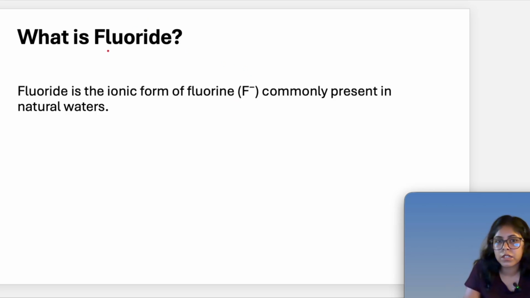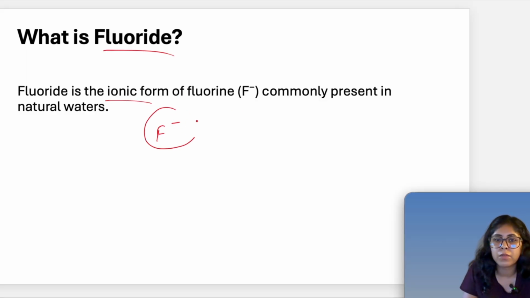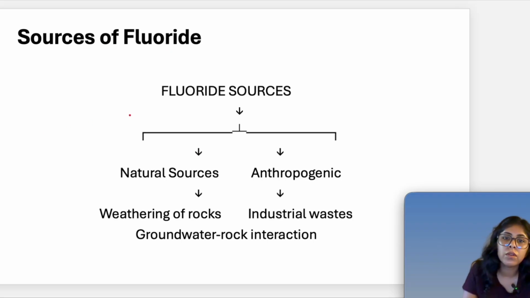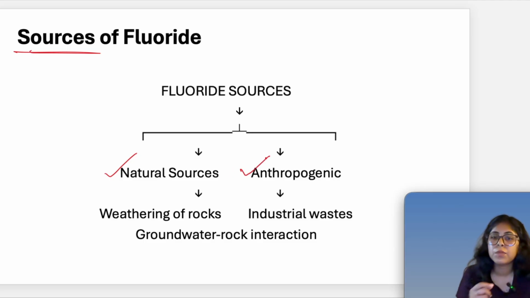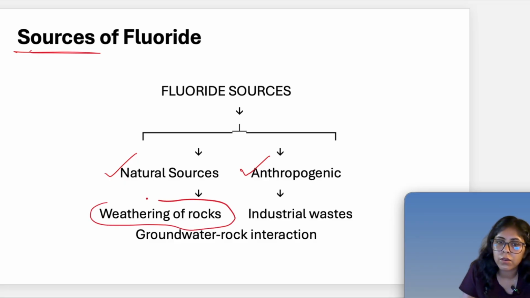So the question is, what is fluoride? It's the ionic form of fluorine, so we get F minus, and it is commonly present in natural water. Now, from where is it coming? The sources of fluoride are natural sources and anthropogenic. Anthropogenic means human generated. Natural sources are weathering of rocks. The rocks will be weathered, and then it will get mixed with sand and reach the groundwater.